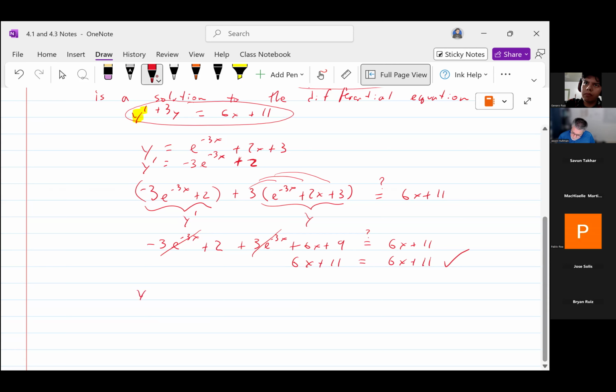So yes, y equals e to the negative 3x plus 2x plus 3 is a solution to the differential equation y prime plus 3y equals 6x plus 11.